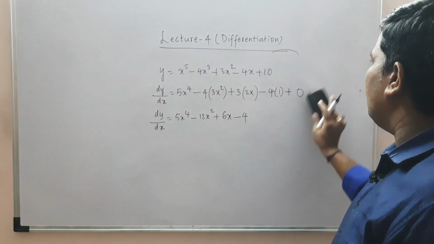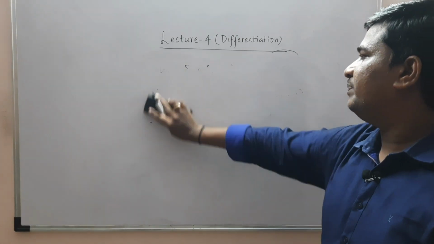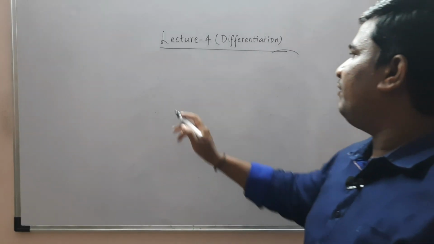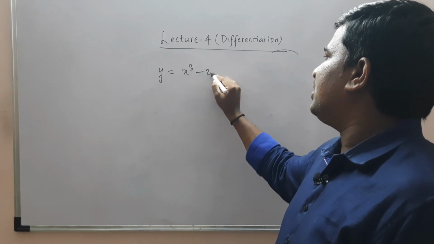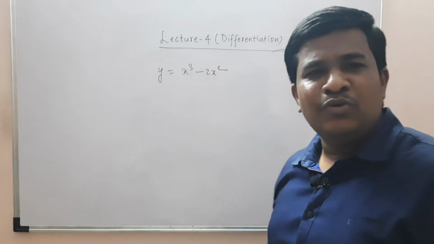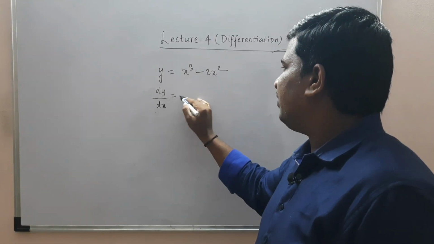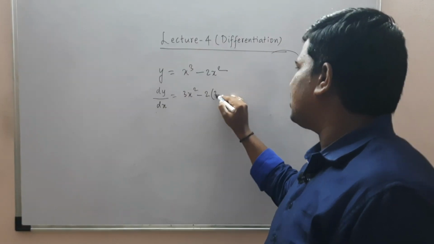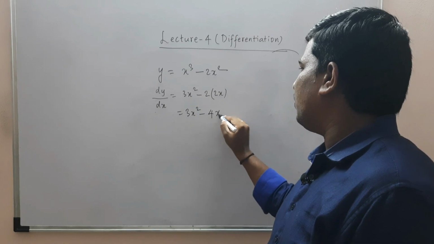Now from this what can you conclude? You have y equal to x cube minus 2x square. The moment I ask what is dy by dx, you will be able to tell this is 3x square minus 2 into, for x square you will write 2x, so this is 3x square minus 4x.